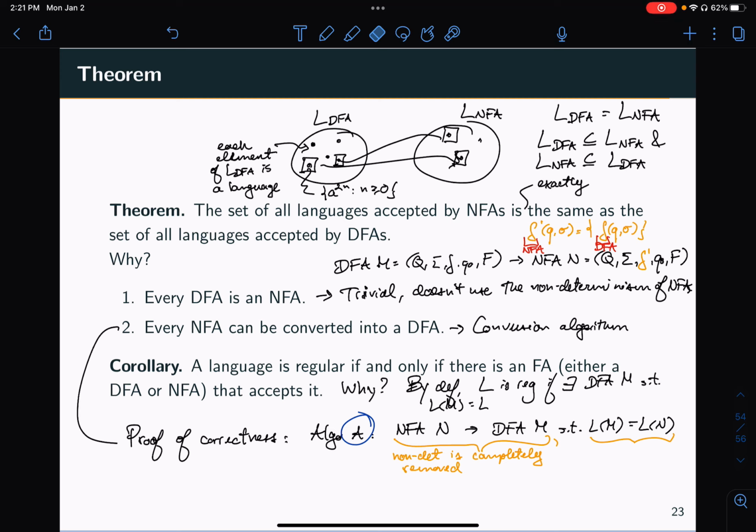And so what this allows us to do is, to prove that the language is regular, we can either create a DFA or an NFA.